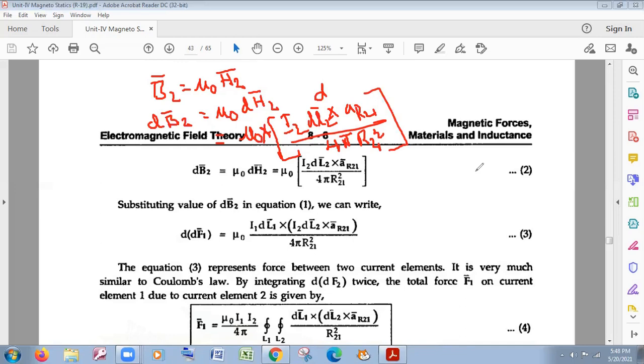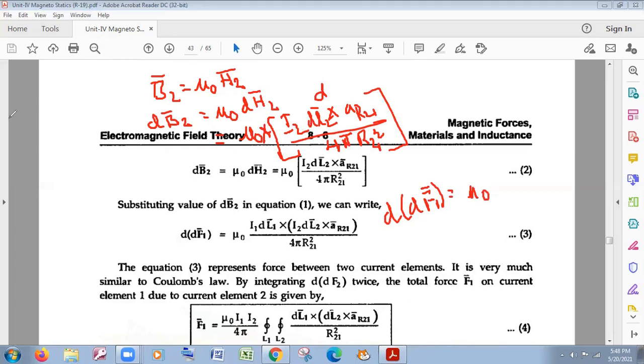Got it, my students? Now the dB2 bar you can substitute in the differential dF1 bar, which is equal to I1 dL1 bar cross dB2 bar.